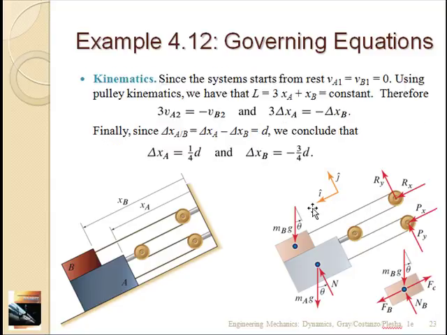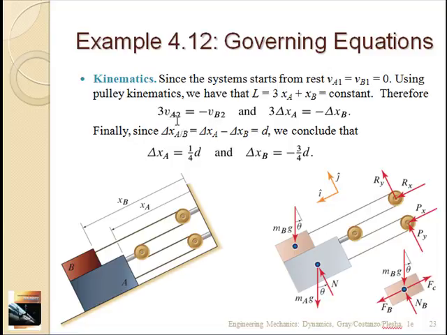Okay, so that comes from the kinematics. If we let X_A be this distance, X_B be this distance, then if we just look at the total length of the rope, we have 3 lengths essentially equal to X_A plus 1 length essentially equal to X_B, and the sum of those is the total length of the rope, and that's not changing.